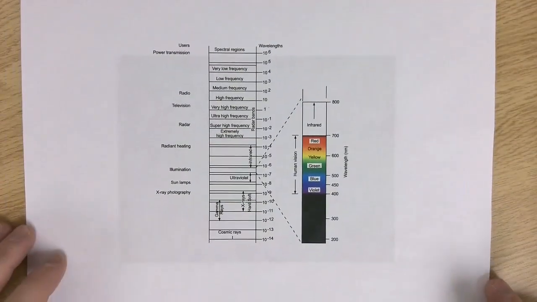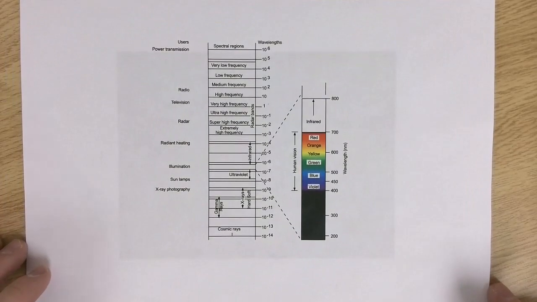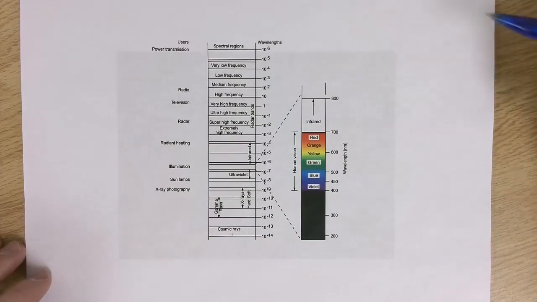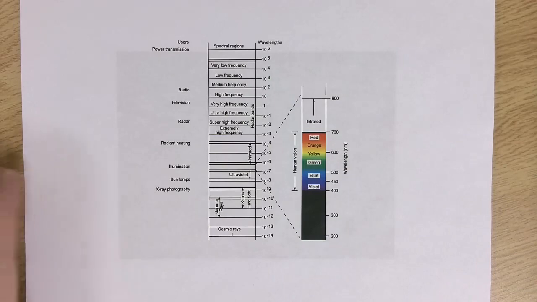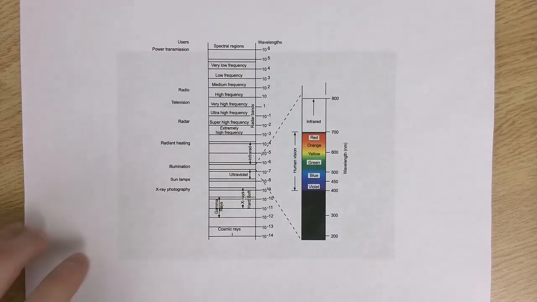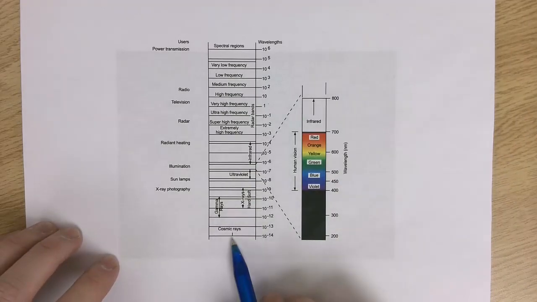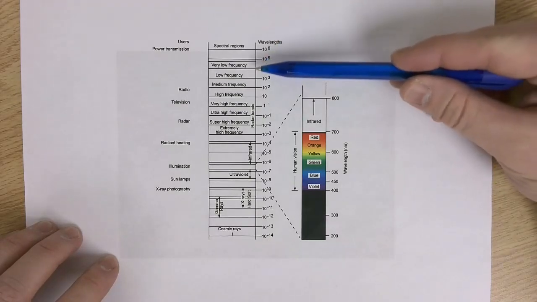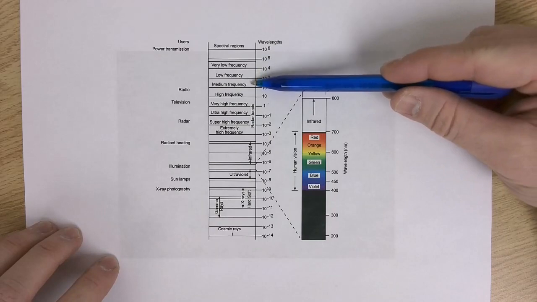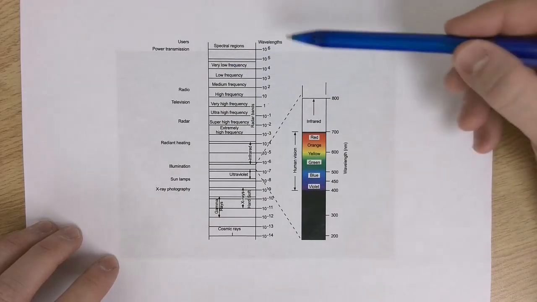First thing we're going to talk about is what's known as the electromagnetic spectrum. So there's different wavelengths of electromagnetic waves, if you want to think of it that way, from cosmic rays, and their length is 10 to the negative 14, all the way up to very low frequency, low, medium, high frequency wavelengths.